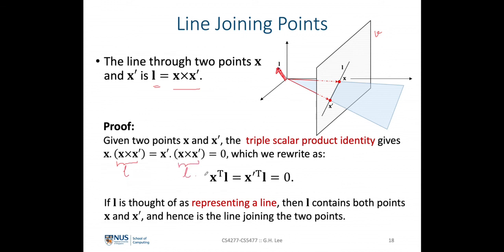We can see that this is exactly the incidence relationship between a point and a line, which we have mentioned earlier on. And here we can simply write L equals x cross x prime. Hence, we can conclude that the cross product of 2 points in the homogeneous coordinates gives rise to a 3-vector line in the homogeneous coordinate.